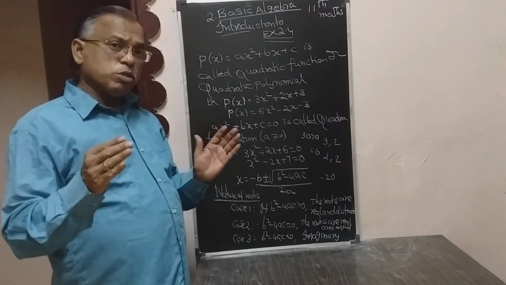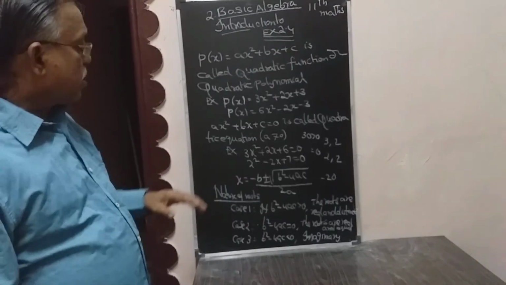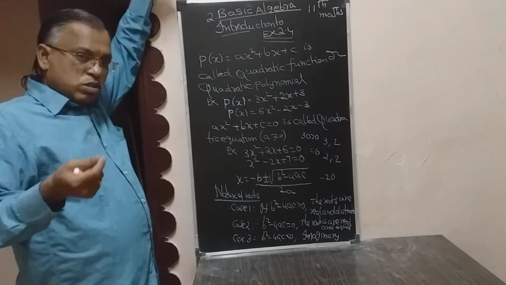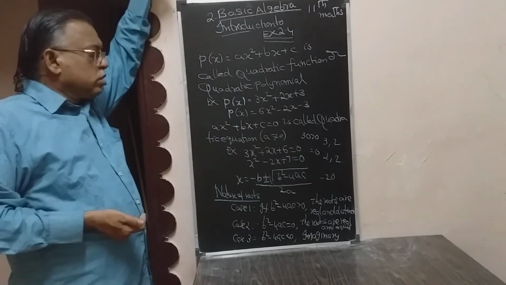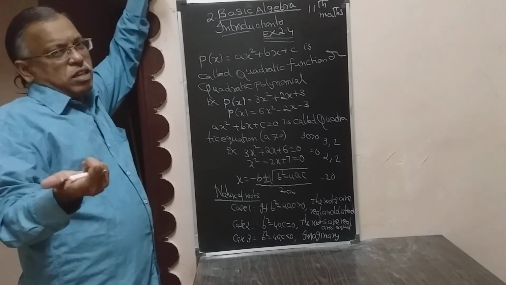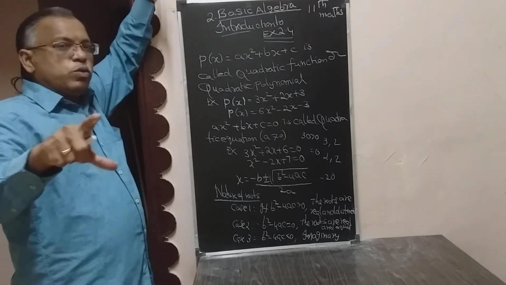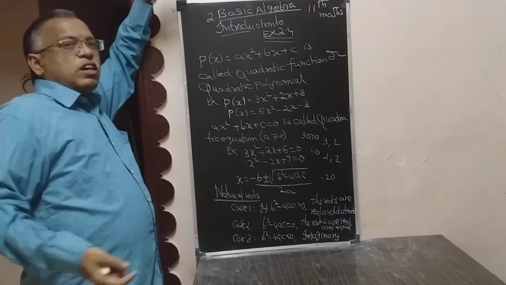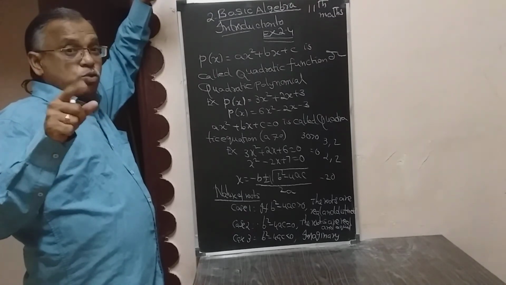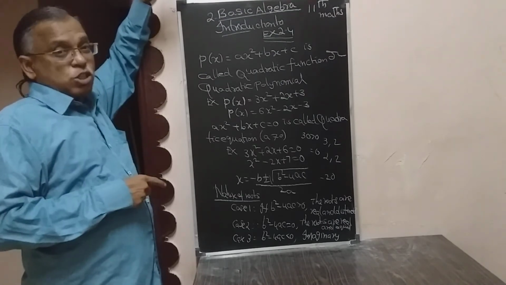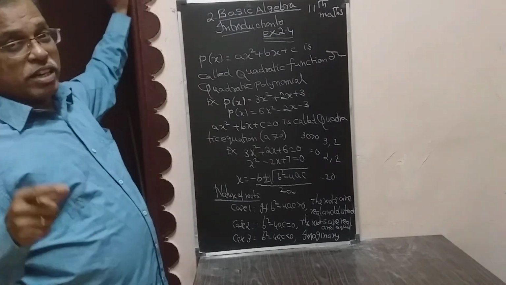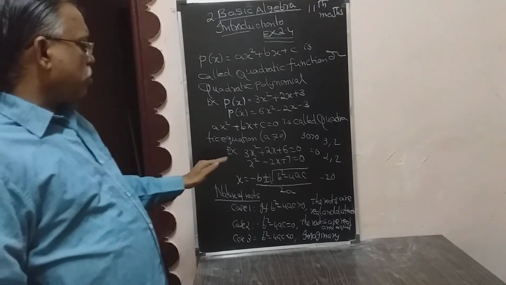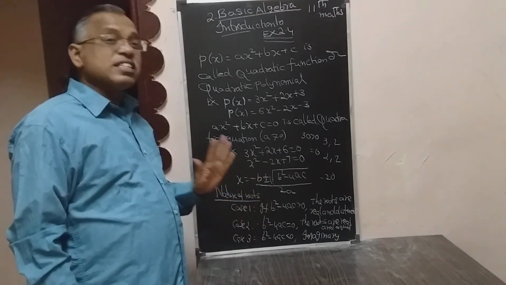Those two roots should be different. They are not equal. Suppose if b square minus 4ac is equal to 0, then the roots are real and equal. Suppose less than 0, imaginary. There is no real root. We can find them, but that is a different concept. That is the imaginary value, i square you should replace as minus 1. That concept we are going to study in plus 2 in detail. But till now you should remember these three cases.